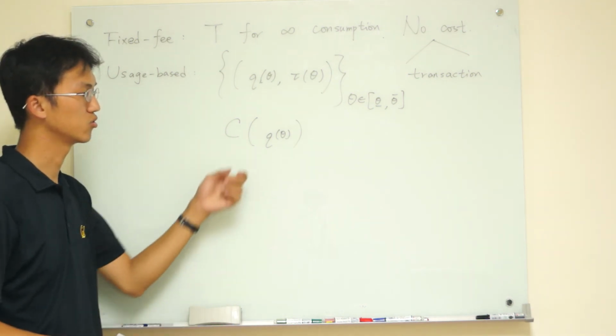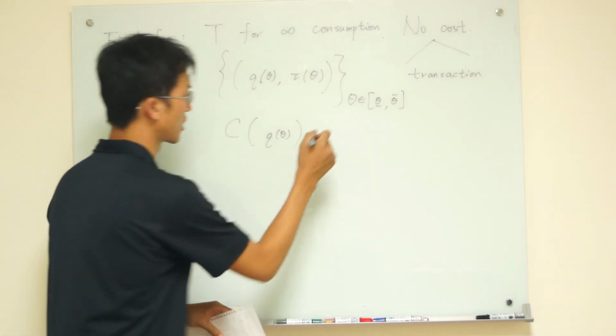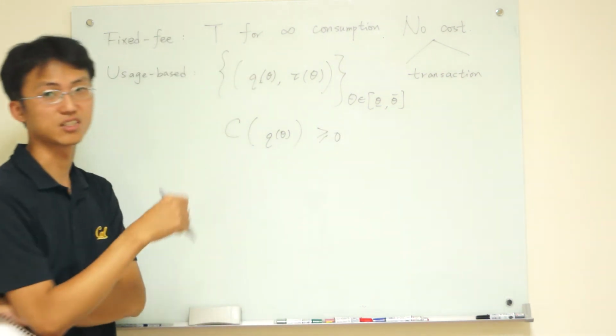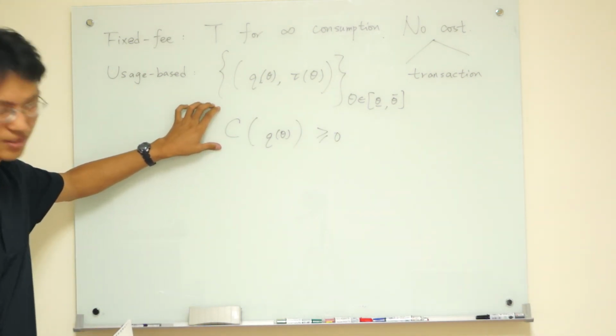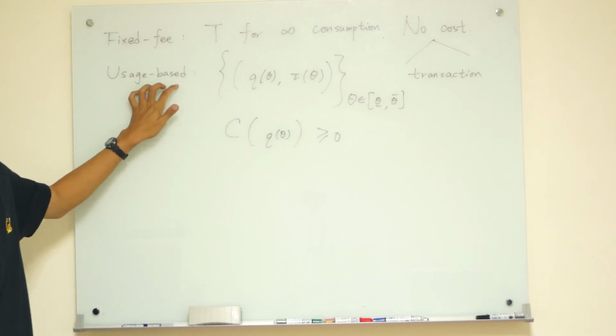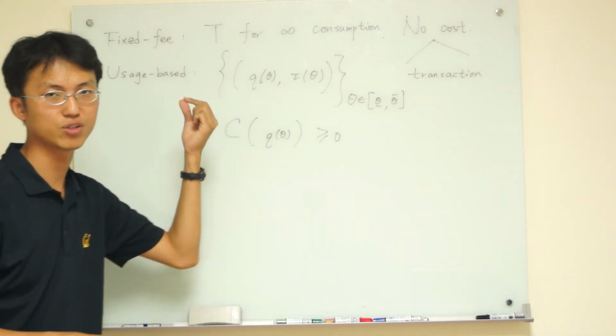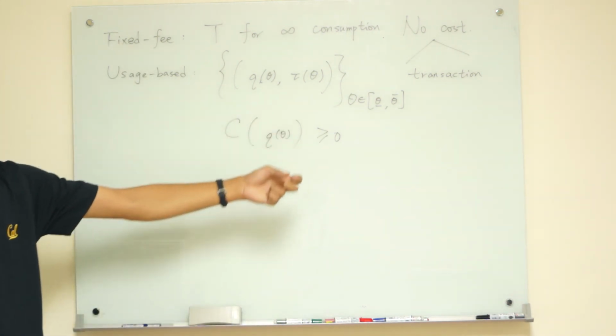But here we do not make any assumption on C, except that it is a non-negative cost. The transaction cost is incurred only if the consumer chooses the usage-based pricing plan.